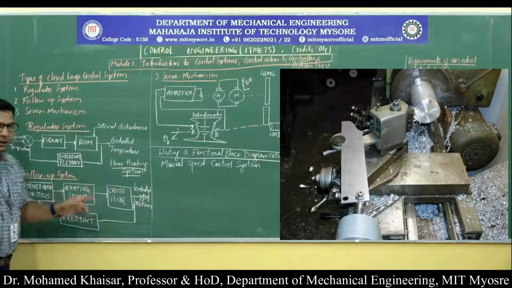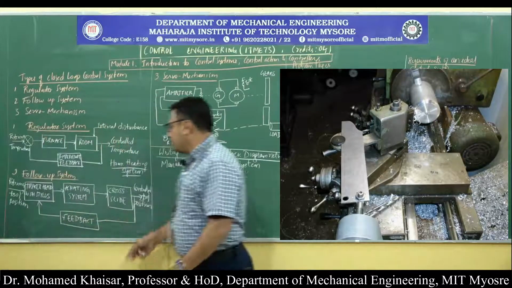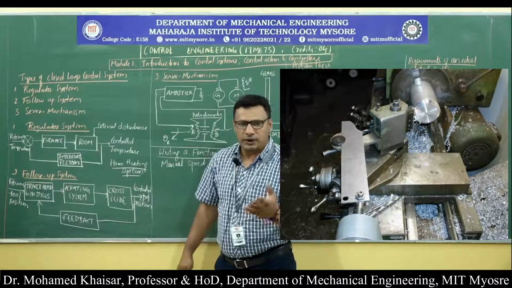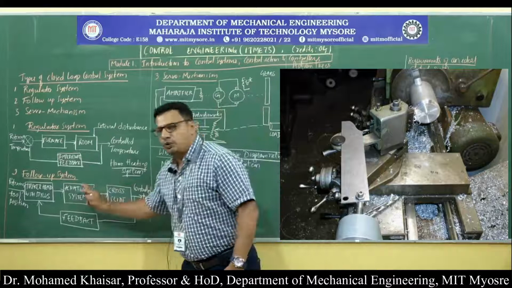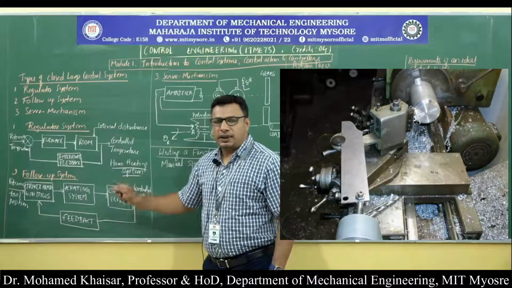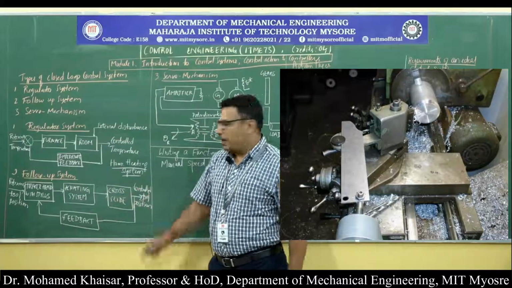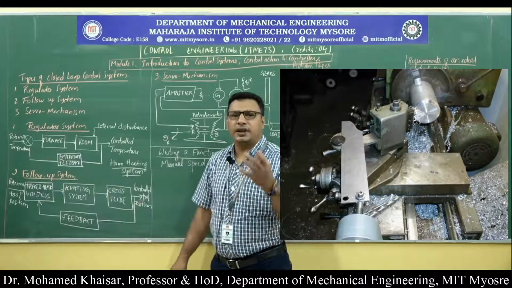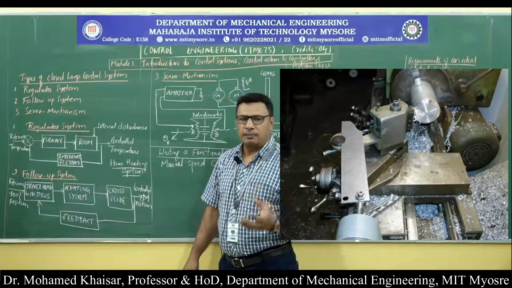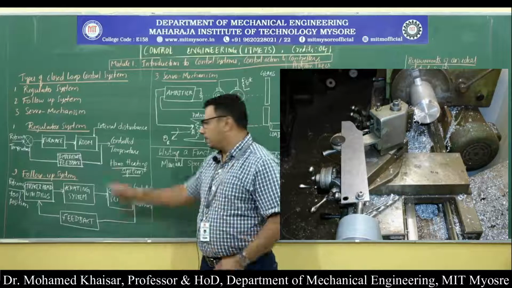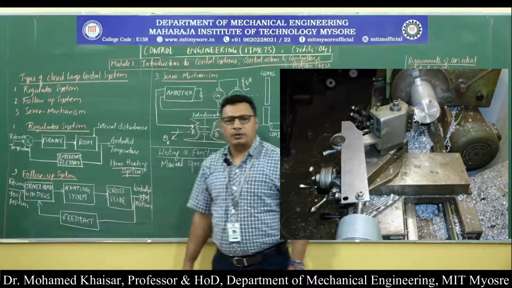Now, even in a follow-up system, we can illustrate the definition. What is the definition? It is a type of closed loop control system wherein the input varies with respect to time. And we are taking an example of a lathe tracer head mechanism to illustrate the definition of the follow-up closed loop control system.